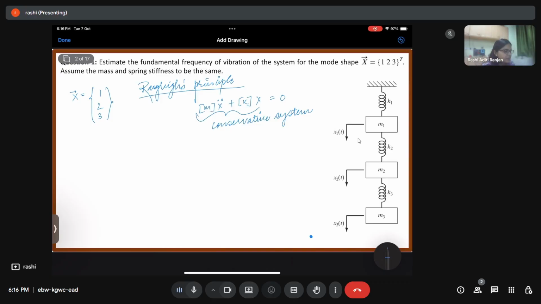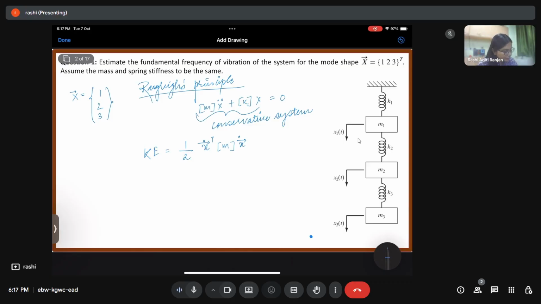For this kind of system, we can write the kinetic energy as half x dot transpose m x. This is the kinetic energy of the system, where x dot is the velocity and m is the mass matrix.